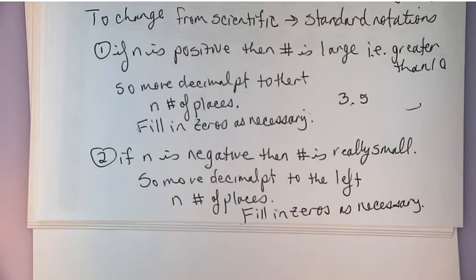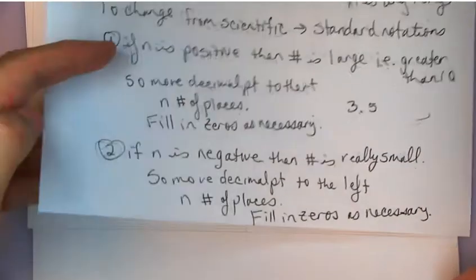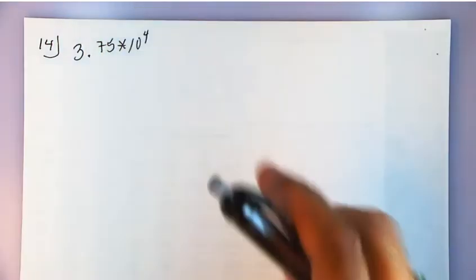Let's go with number 14. Number 14 says 3.75 times 10 to the 4th. Notice that the 4 here is positive.